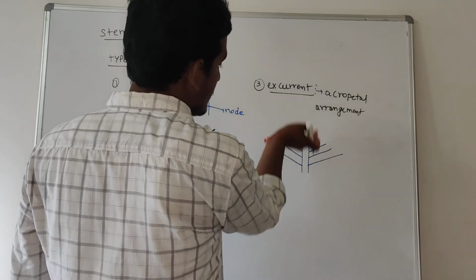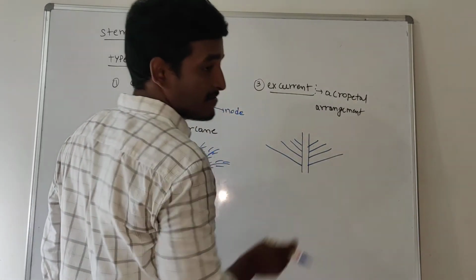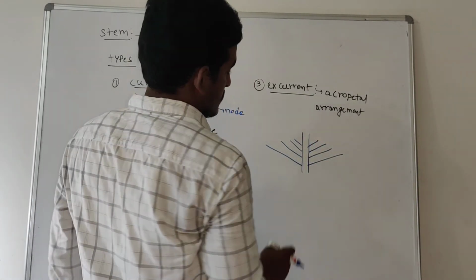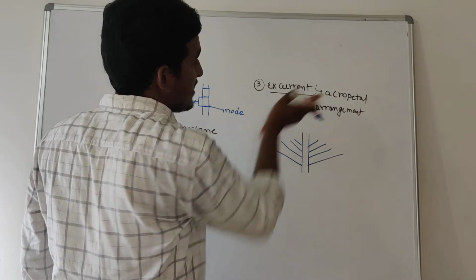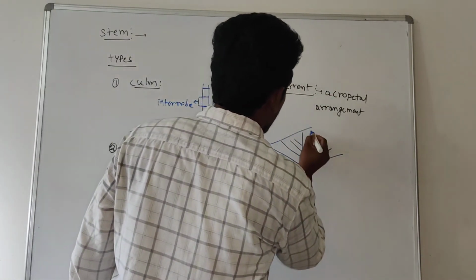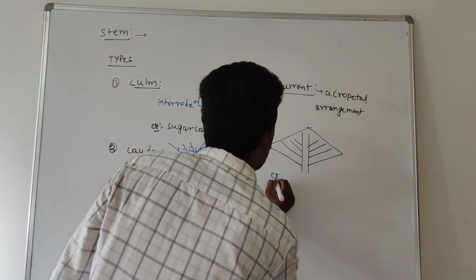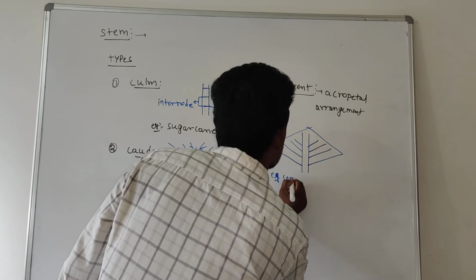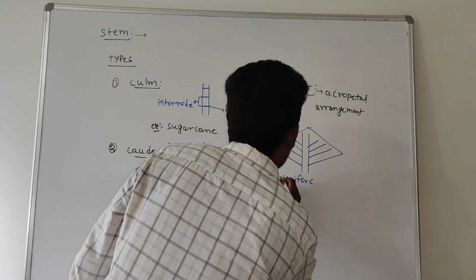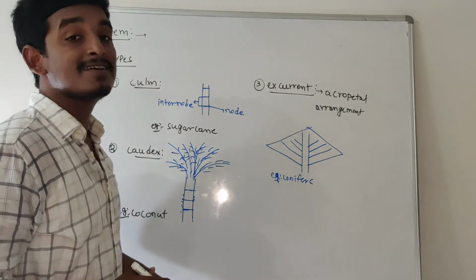As it grows upwards, the younger branches are smaller. This type of arrangement is called acropetal arrangement. It looks like conifers. An example for this is conifers. Right? So it is about different types of stems.